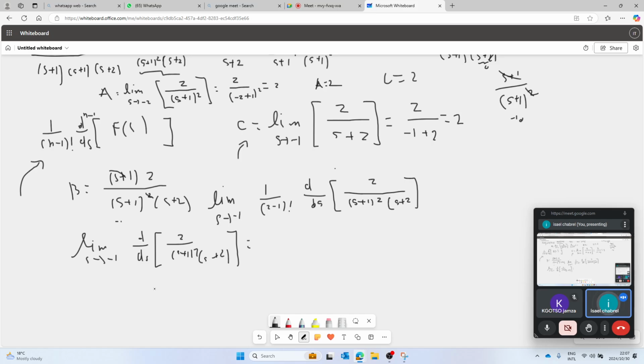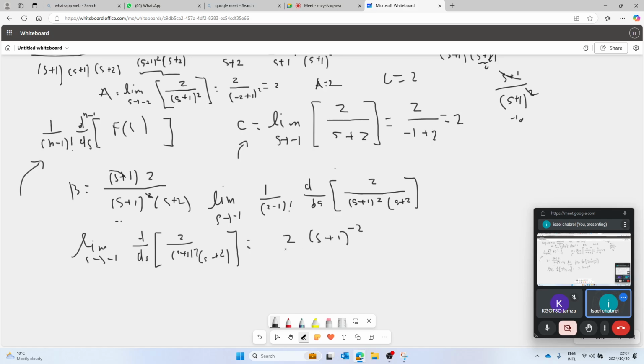Basically, it's like differentiation by power. The guy involved is the guy with the power, s plus 1 squared. This is the guy that we will be differentiating. So this guy here will stand as a constant. So by differentiating this, I can write 2, bring this guy on top here so that I can apply the chain rule. If I bring it on top, it becomes minus 2.